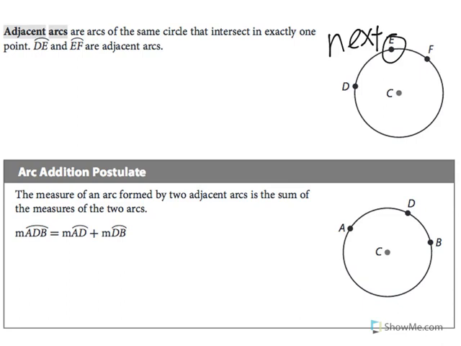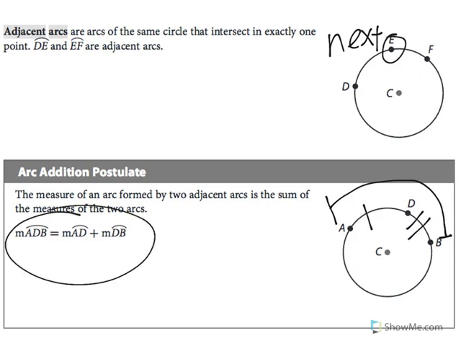Arc addition postulate: the measure of an arc formed by two adjacent arcs is the sum of the measures of the two arcs. So the measure of arc ABD is equal to arc AB plus arc BD. So we're using this formula here.